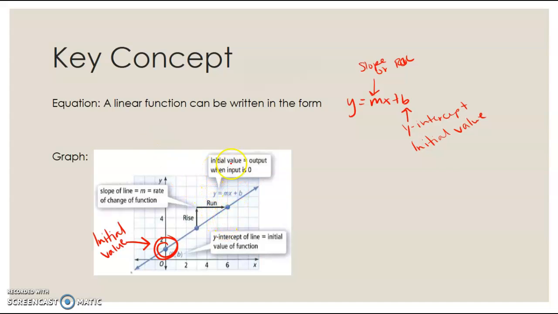And then it tells you that the initial value equals the output when the input is 0. So when the input is x. Remember, output's y, input is x. So when x is 0, that's our initial value, which is our y-intercept.